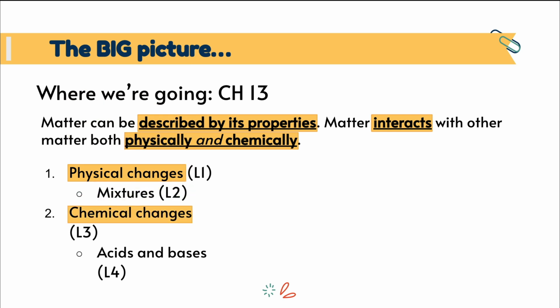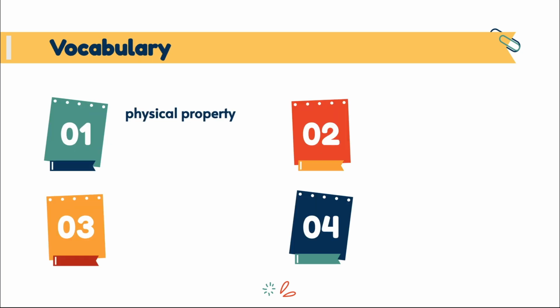And then lesson 2 is going to go into a specific type of physical change called a mixture. And lesson 4 of chapter 13 is going to talk about a specific type of chemical change. But really we're talking about overall with chapter 13, properties and how they describe matter, and then 2 big types of changes. Let's take a look at the 5 key vocabulary words for this chapter.